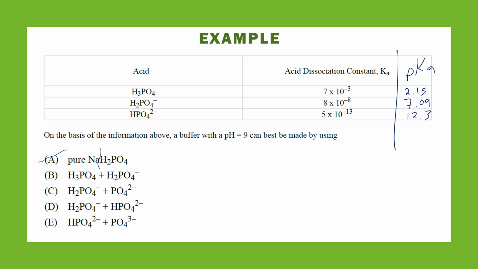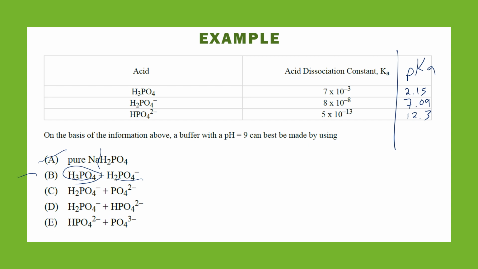Even though this will dissociate, it won't form a buffer system there. For this first answer choice, those are a conjugate pair, but it's based off of the pKa of the acid, which is this one in this scenario. This one's acting as the acid, and the other one is the base. So it would be too far away from the desired pH.